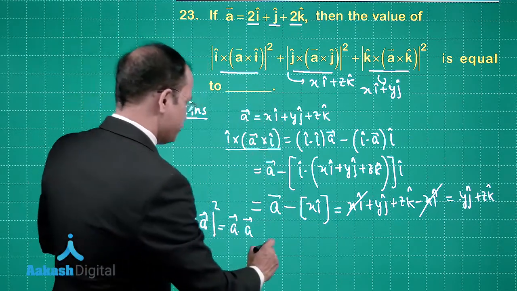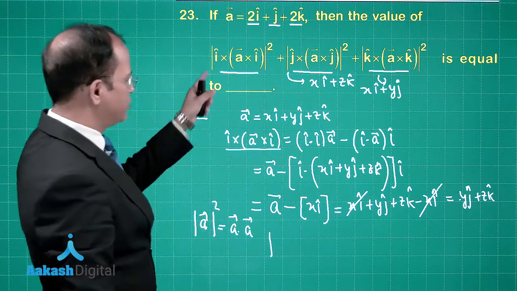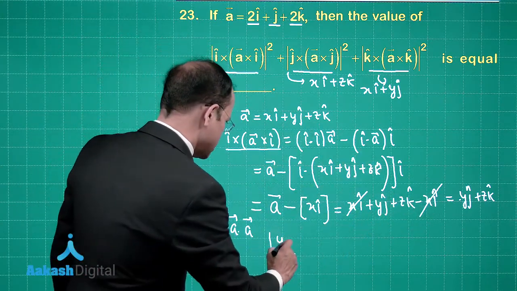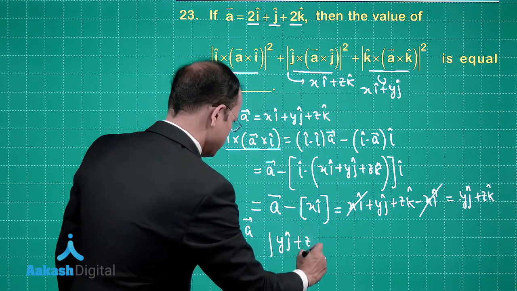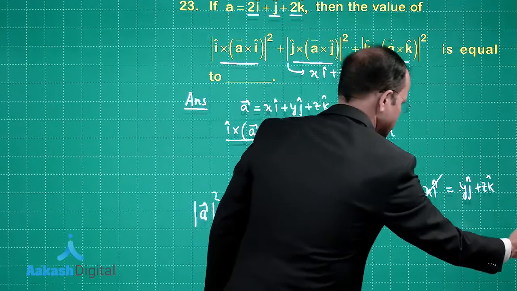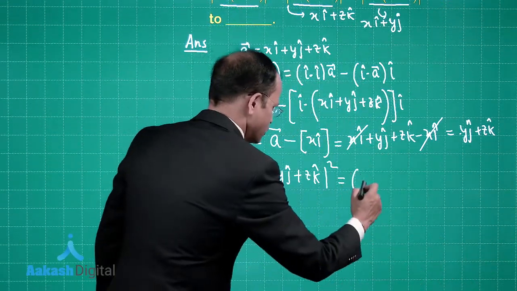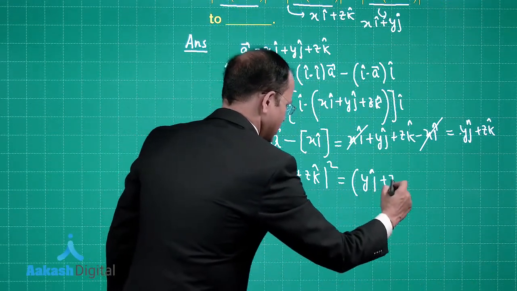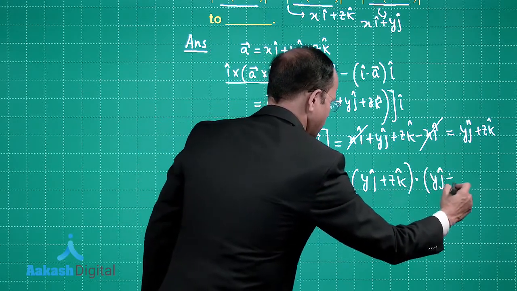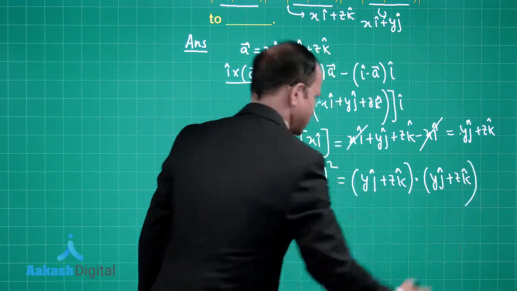So the first one is yj cap plus zk cap. So we can write this as (yj cap plus zk cap) dot (yj cap plus zk cap), isn't it?